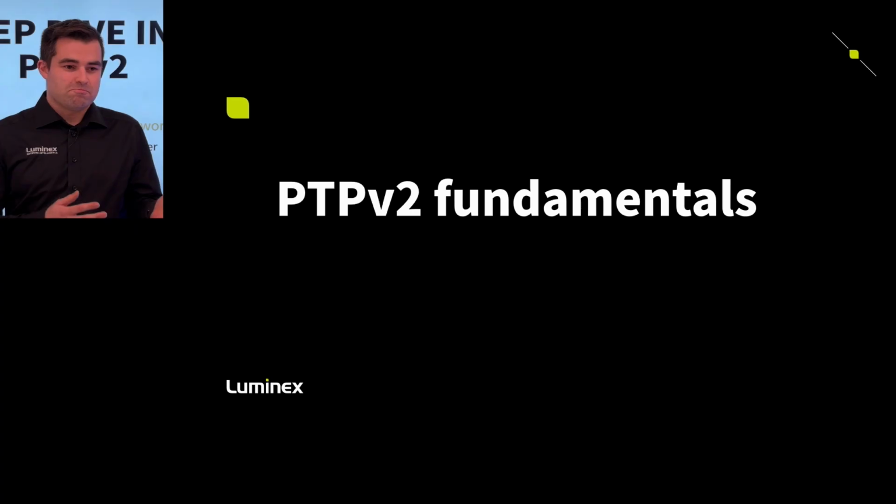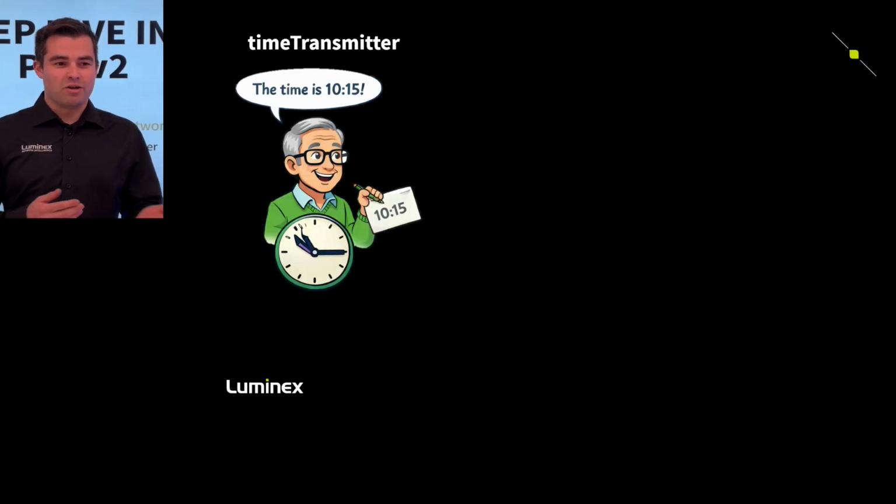So we know what devices are taking part in PTPv2, but how does this work? Because it's a little bit more complicated than just standing next to each other and syncing your watch to the same time. So there is a time transmitter. It will send out, it's currently 10:15, for example, it will send out the exact time value.